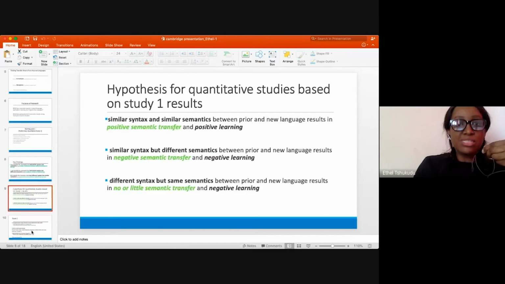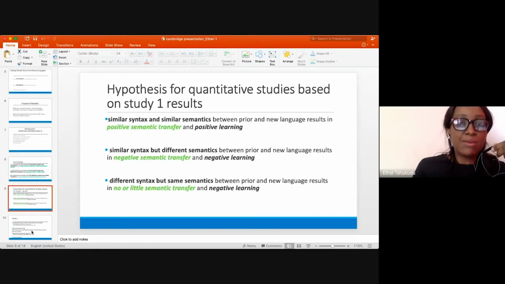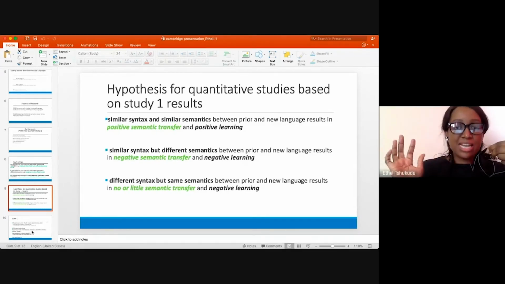So I used the key findings from this qualitative study to come up with a model or hypothesis of what might be happening when people are learning new programming languages. I hypothesized that if there is similarity in syntax and semantics, students will get positive transfer.